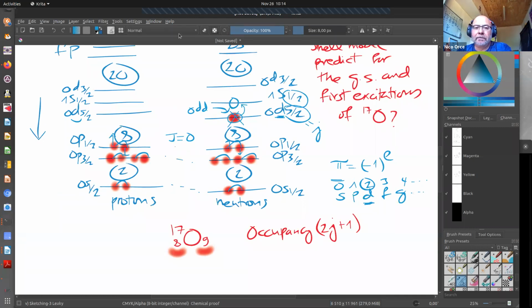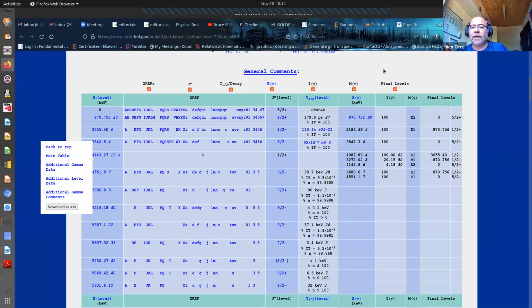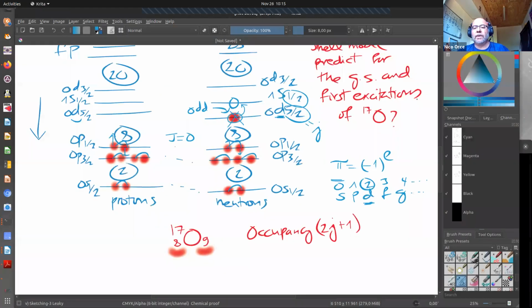But now how do we produce a 1/2 minus? This guy is quite interesting because it requires quite a lot of energy and it's a 1/2 minus. So my question to the class is, how do we produce a 1/2 minus?